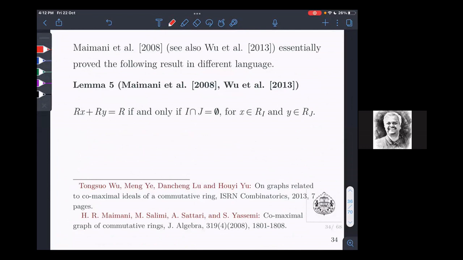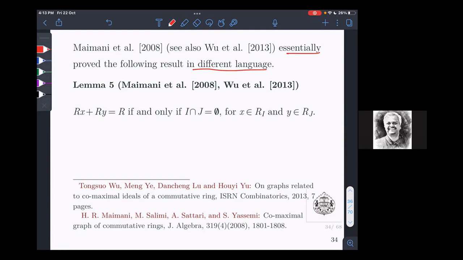One more result is there. This result is written in a different language, not in the sense of other than English, but the notations are different. But if you look at it from our perspective, it is the same thing I'm talking about right now.